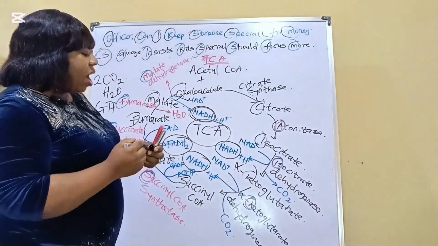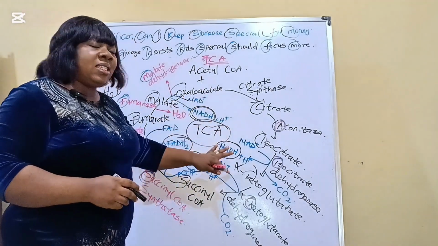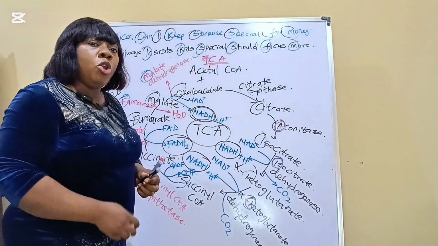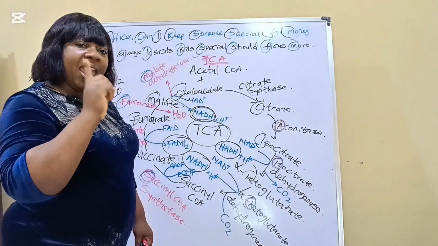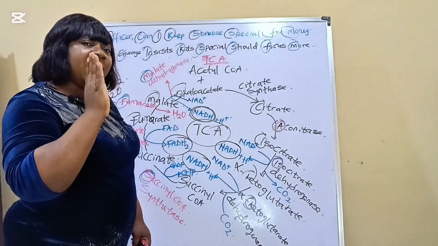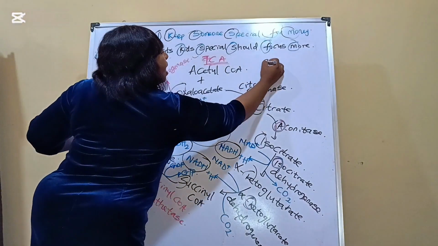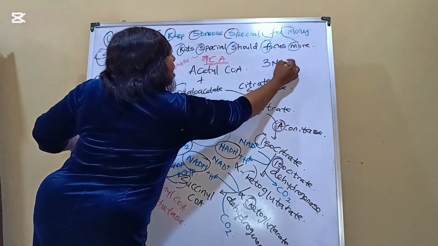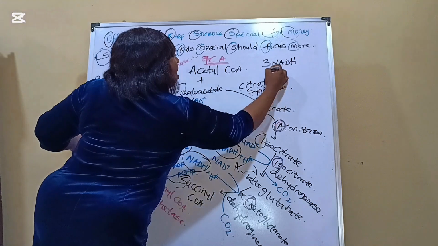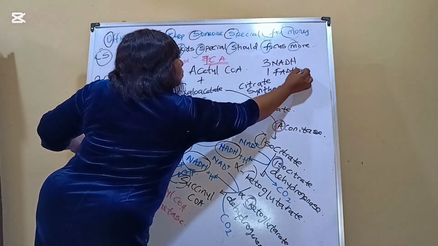So in total, we have four electron carriers that we could get from this pathway, which include three molecules of NADH and one molecule of FADH2. So let's write it there. 3 NADH, then one FADH2.